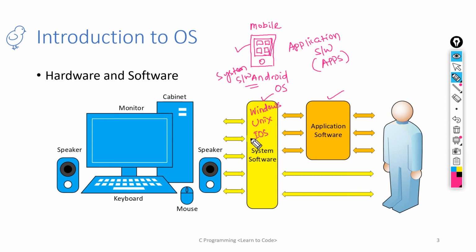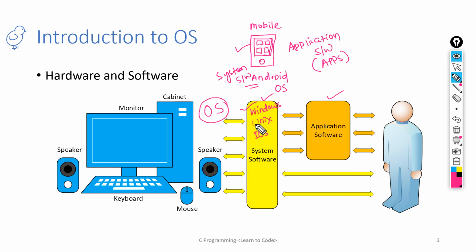So when you buy a computer from the market, generally Windows is pre-installed on that system. You bring the computer, switch it on, meaning give the power supply, and your computer starts running, okay. Whatever you see when you switch on a newly bought computer, that is the system software installed on it, and that system software is called the operating system. Now you understand what is meant by operating system.